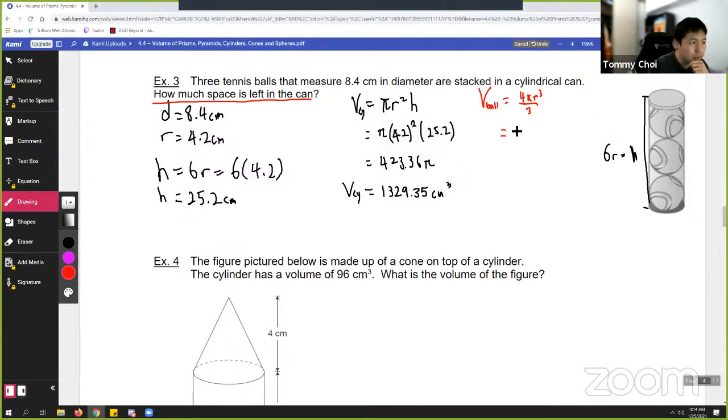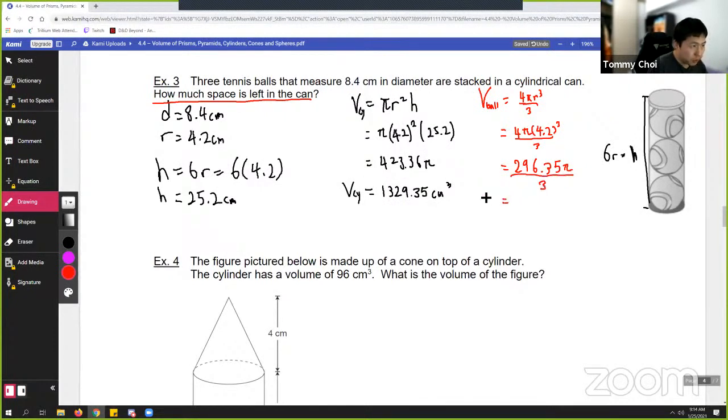So let's calculate the volume of the tennis balls. We know the radius is 4.2 as well here. And then we divide that by 3. So 4.2 times 4.2 times 4.2 is 74.088 times 4 gives me 296.35.